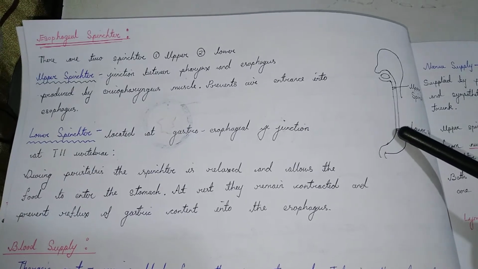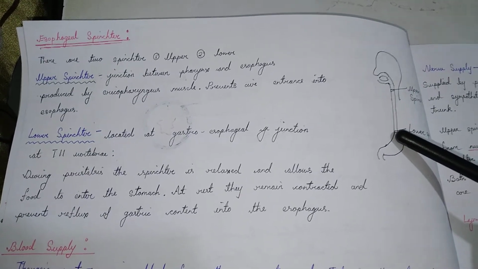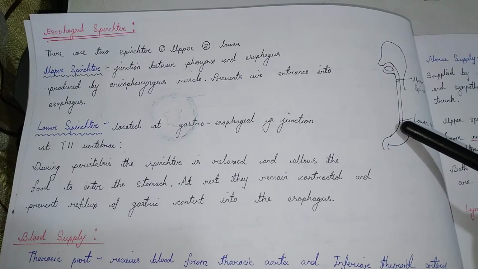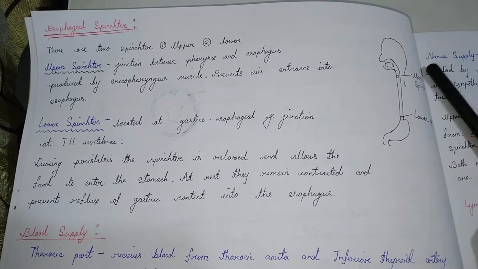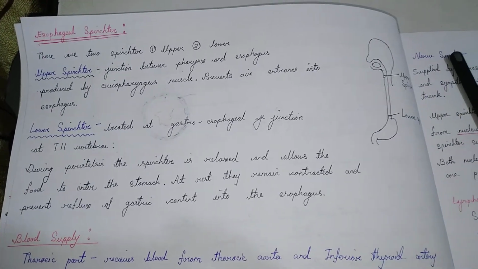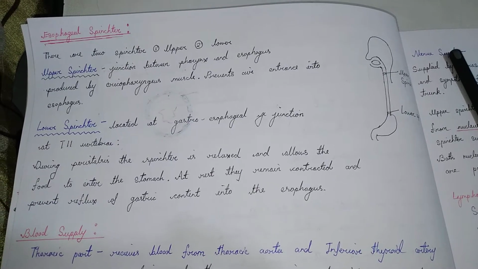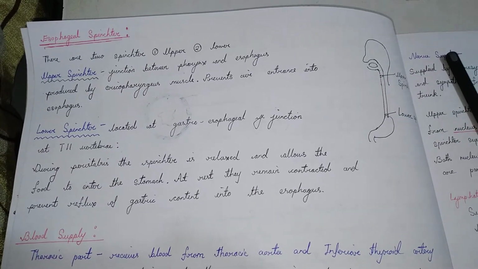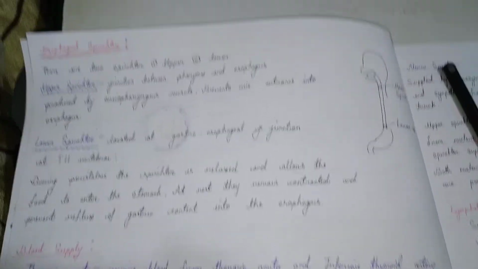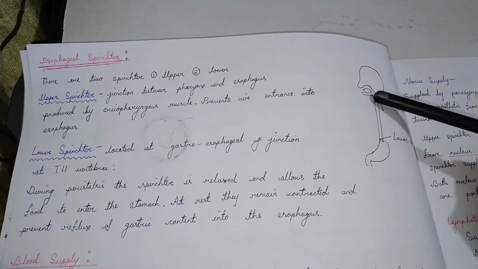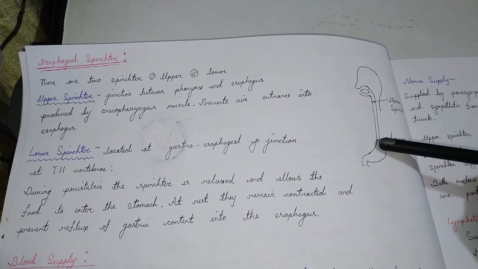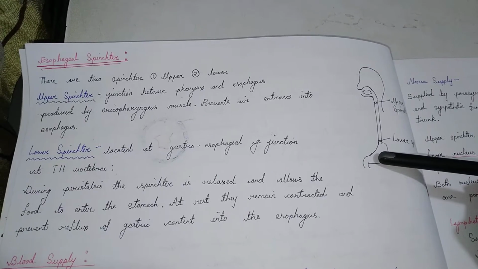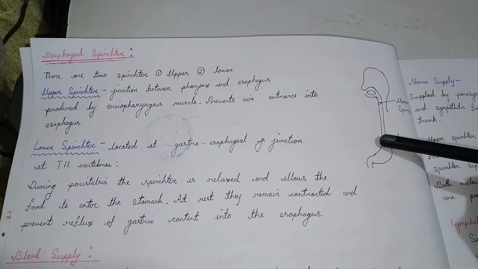This is the point where the lower sphincter is present. During peristalsis the sphincter relaxes and allows the food to enter the stomach. When the food is coming down, the sphincter relaxes and allows it to pass to the stomach, and at rest it remains contracted.